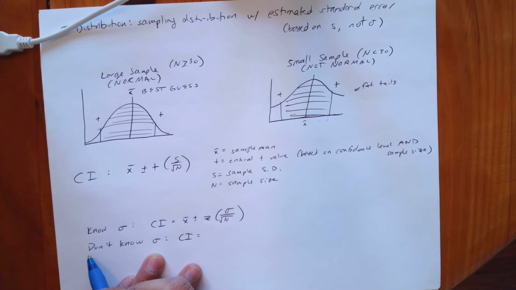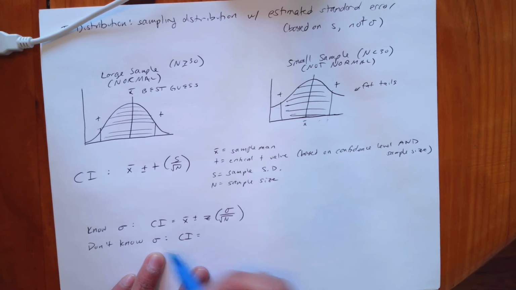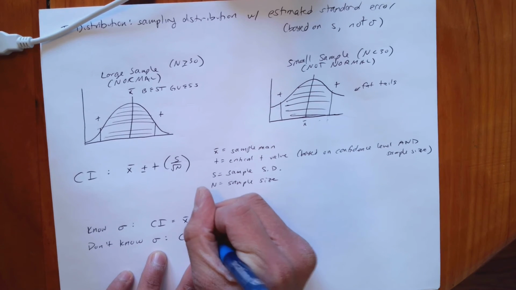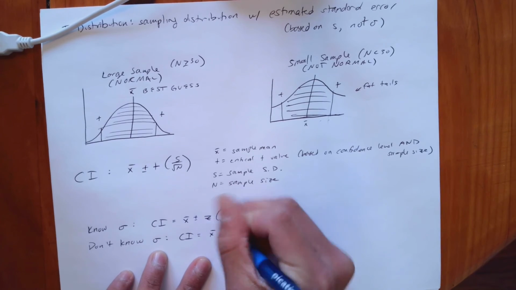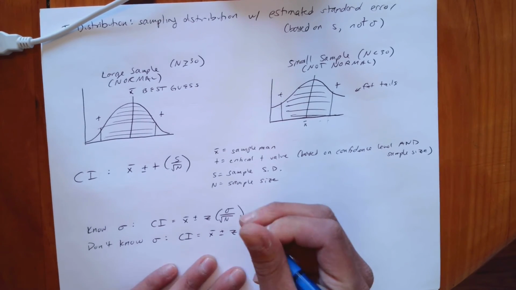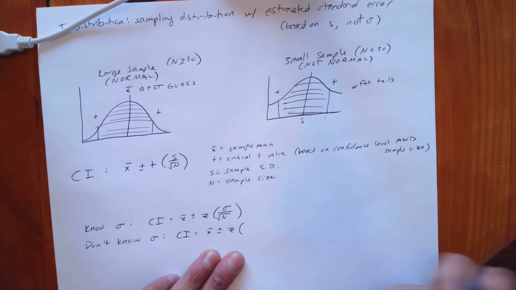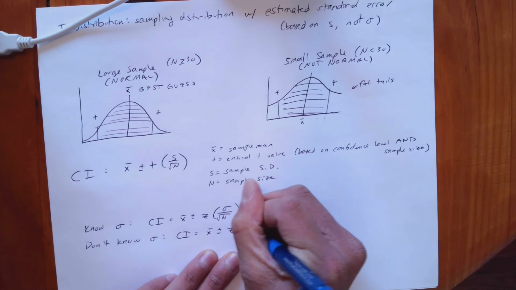If you don't know the population standard deviation, you have two options depending on your sample size.